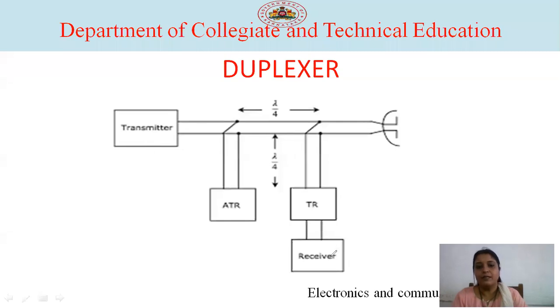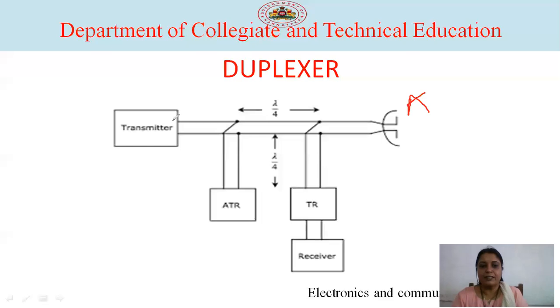This is the transmission line, and this is the antenna section. If you observe here, the receiver is not directly connected to the transmission line, but in between we have one switch that is called the TR, or the transmit receive switch.